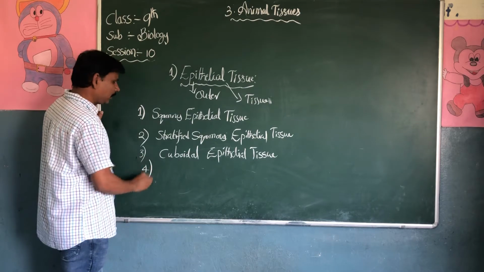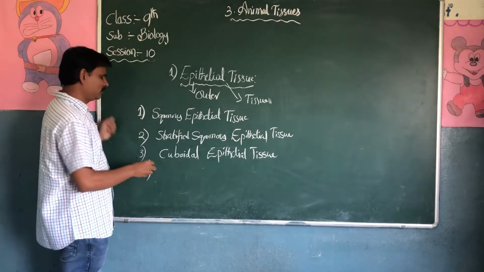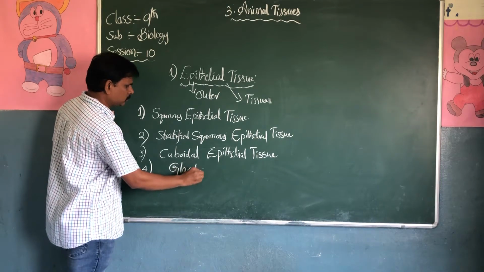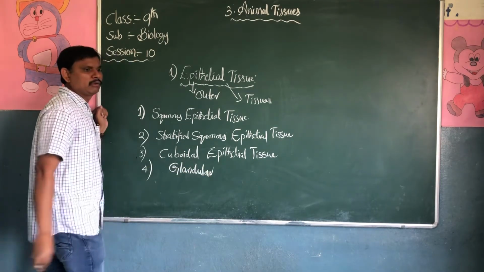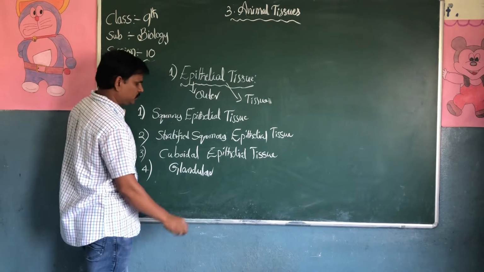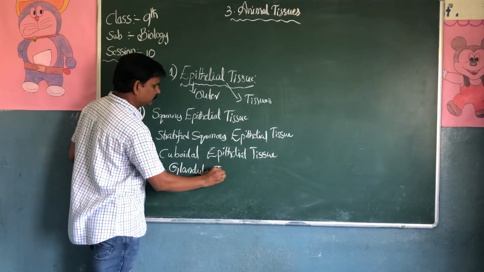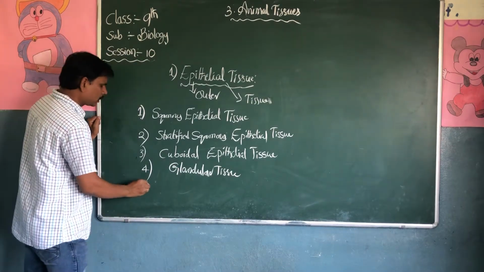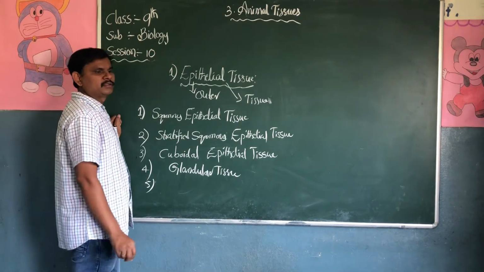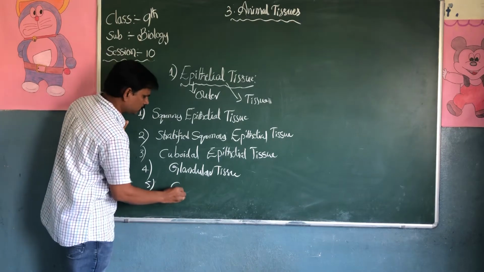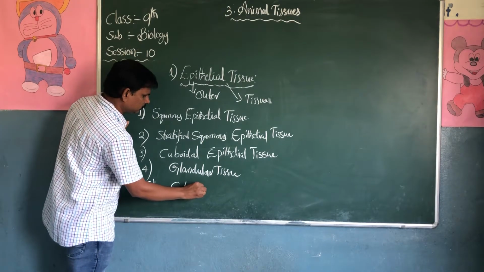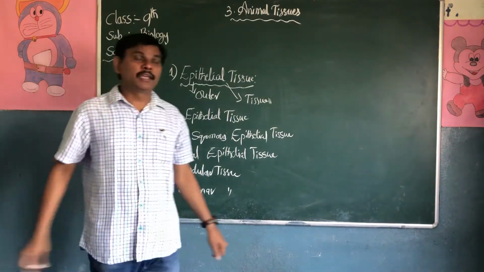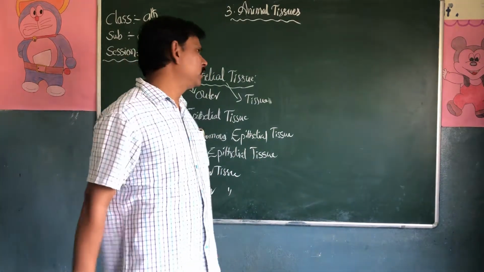Another one is glandular epithelial tissue. The next one is columnar epithelial tissue. These are the different types of epithelial tissues.